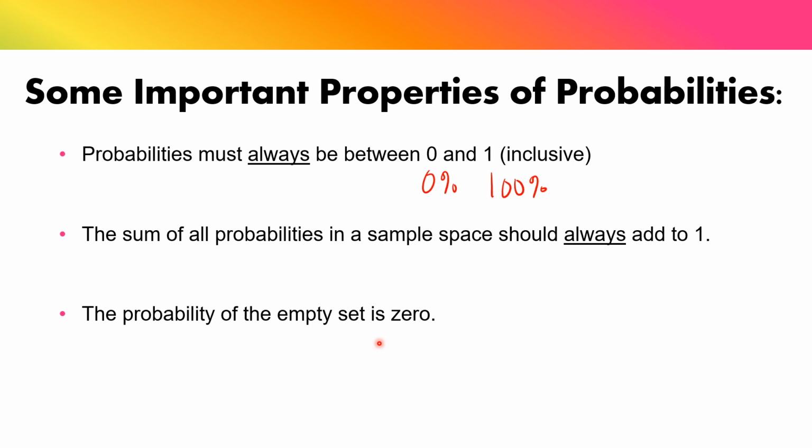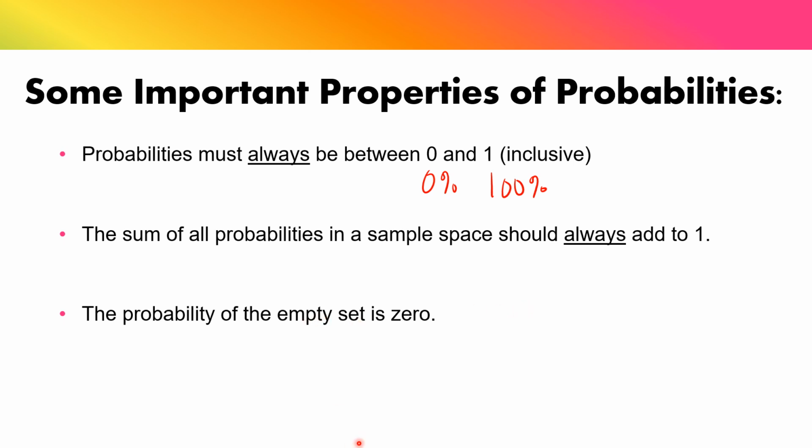Our next property of probabilities is that the sum of all of the probabilities in your sample space should always add to 1. So if you list out all of the outcomes in a sample space and calculate the probability of each one, those probabilities should add up to 1. And the probability of the empty set is 0.